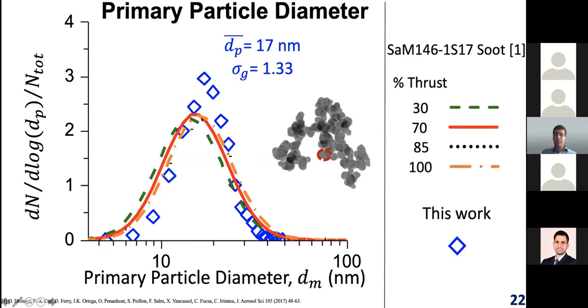And this distribution is in excellent agreement with data for primary particle size distribution of particles sampled from a turbofan engine at different thrust levels. So this was very promising because we had very good control over mobility diameter of the particles, and these agglomerates had the small primary particle diameter that we were interested in.